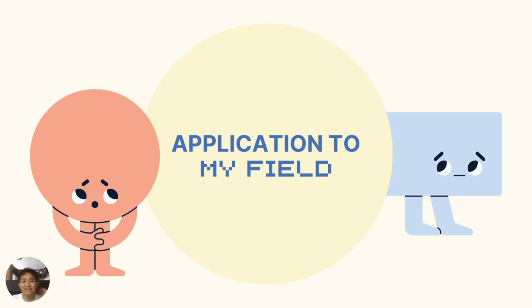Now, applications to my field. In IT, data structure is very important, or very common, because when you're making an app, there are a lot of people involved. You have the system analyst, and sometimes the programmers of that app. That's very common in the IT industry.